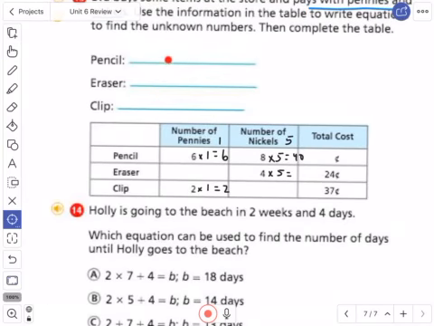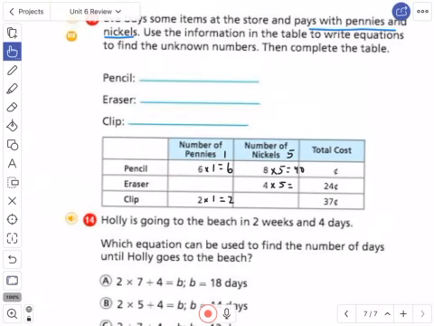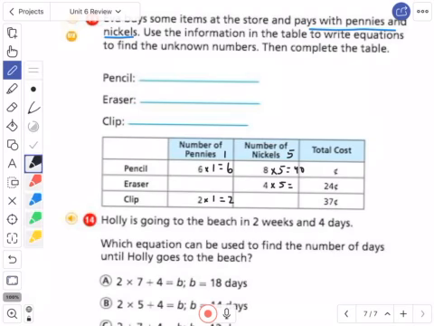And then you're going to, I shouldn't say the total cost up here. Up here, you are going to be doing some equations to find those unknown numbers. So like for the pencil, I'll show you an example. The pencil, because you're not going to write just the total, you're going to make sure to write everything. The pencil is 6 times 1 plus 8 times 5.